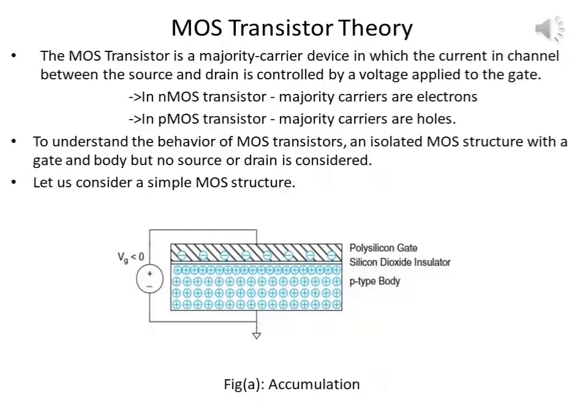We'll consider the voltage that we apply to the gate. When a negative voltage is applied to the gate, what happens? The positively charged holes in the P-type body are attracted towards the gate. So there will be a region beneath the gate where these holes accumulate.